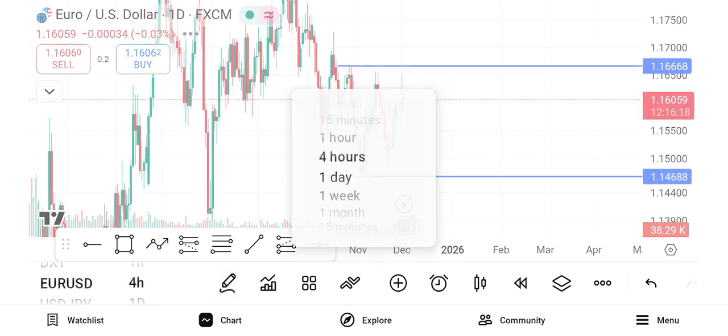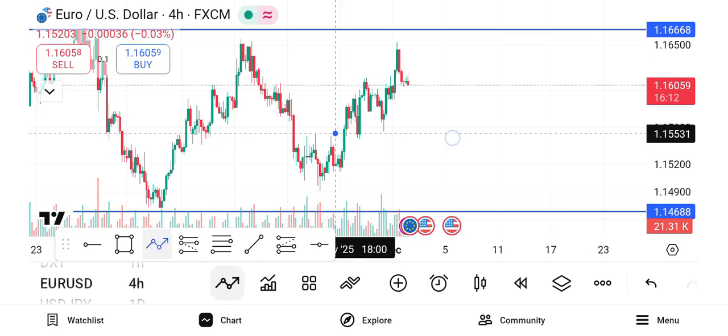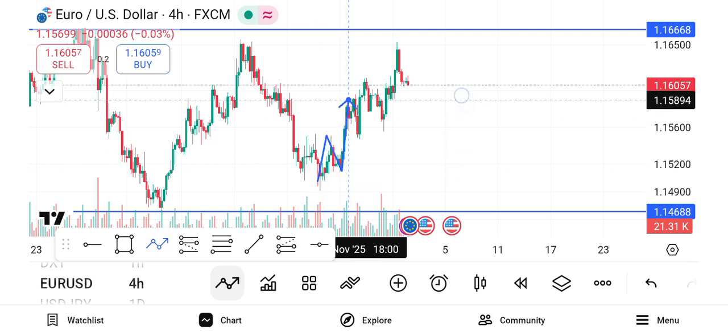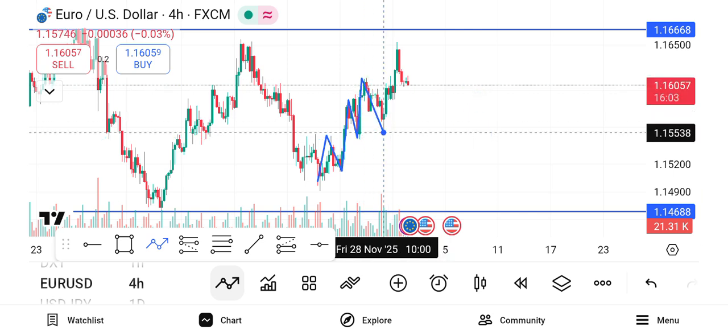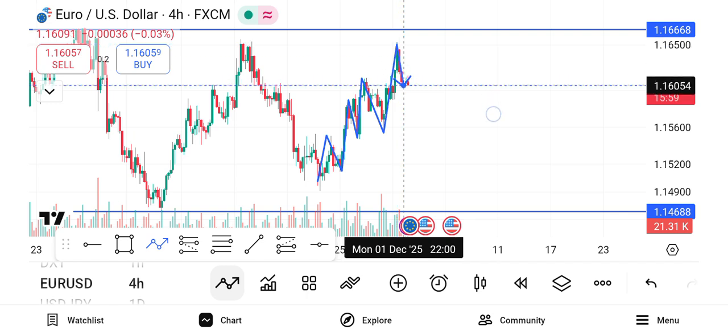If you go down to the 4-hour time frame, you can see also that the market has been moving in a series of higher highs, higher lows, higher highs, higher lows, higher highs, higher low. Then we have this higher high here, and price has been moving down now.